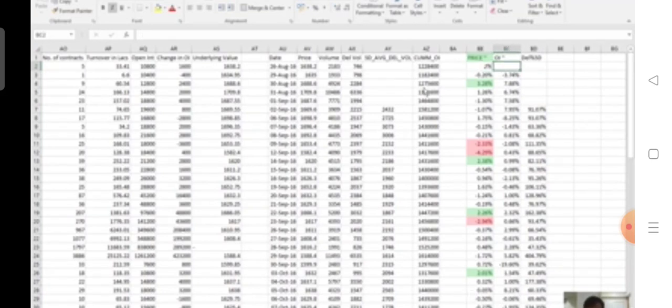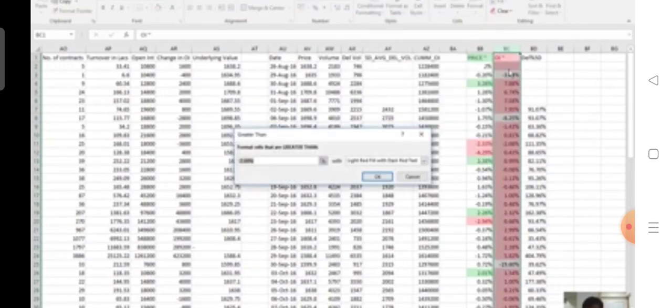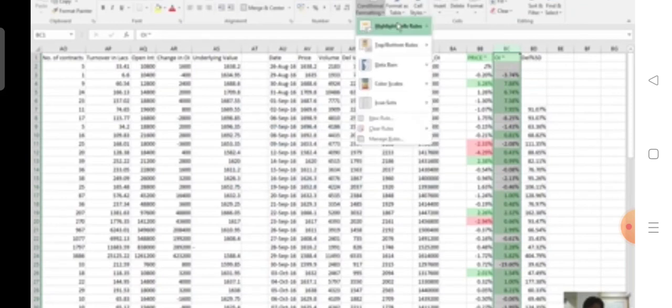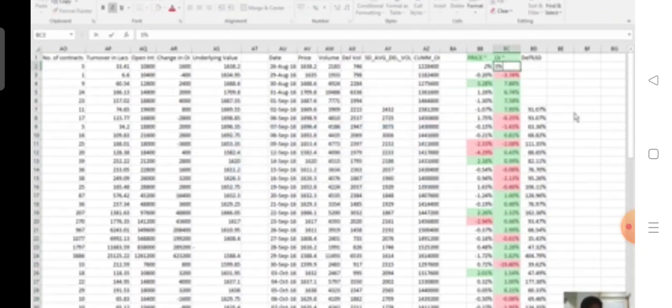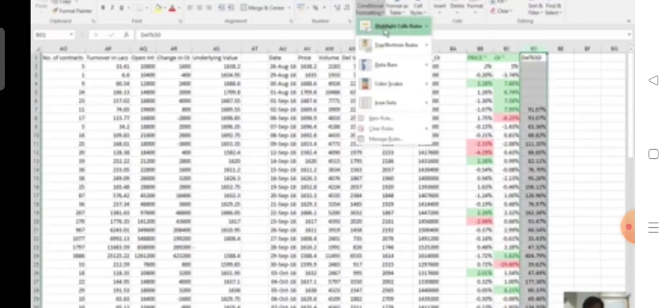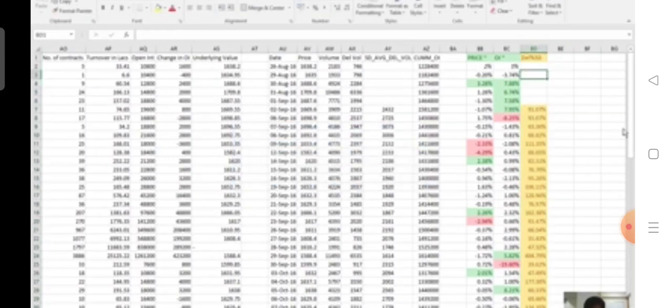Similarly, we'll do it for open interest. So conditional formatting, highlight greater than this, okay, and less than minus of this. Let's keep it 5% here. Okay, and in case of this, highlight cells greater than maybe this, and this would be say 100%.